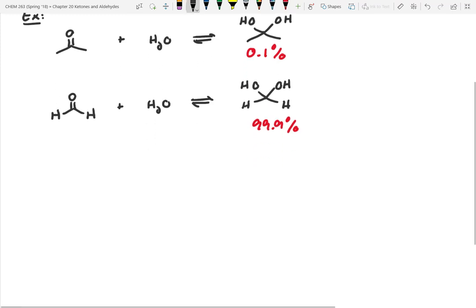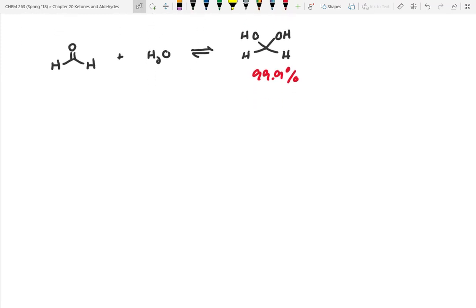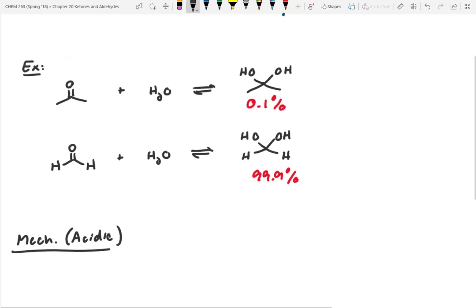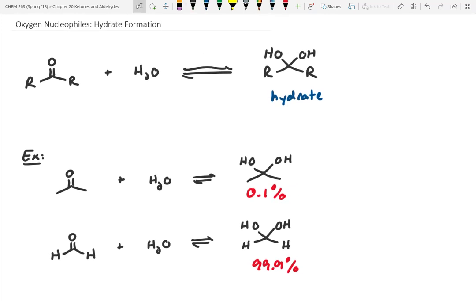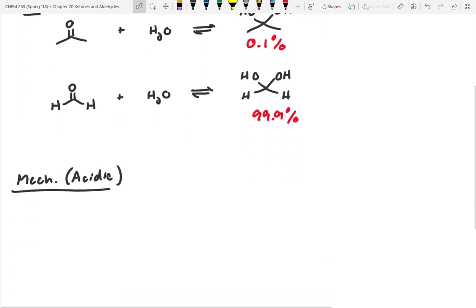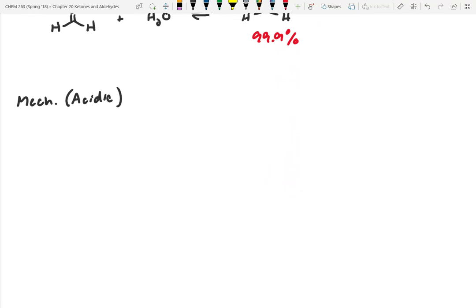All right. So really briefly, let's do another practice mechanism just so we drill it into our heads. Let's do the acidic mechanism for hydrate formation.